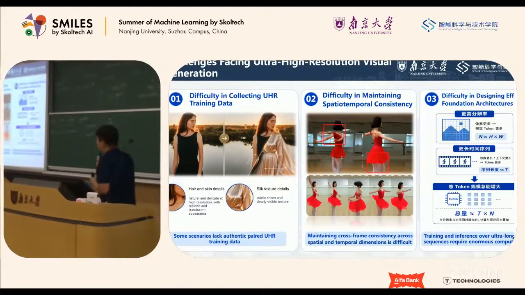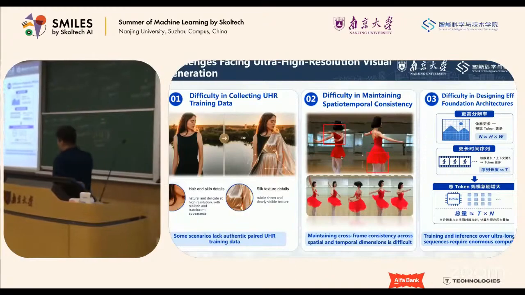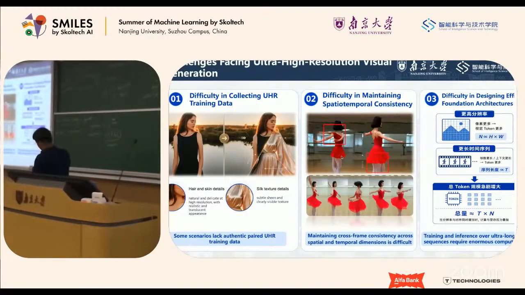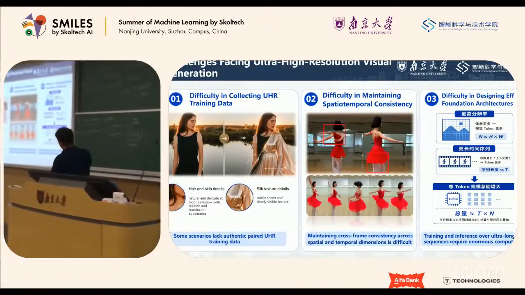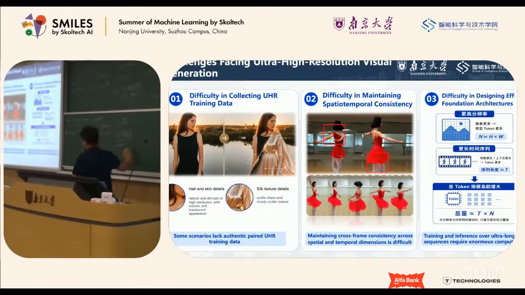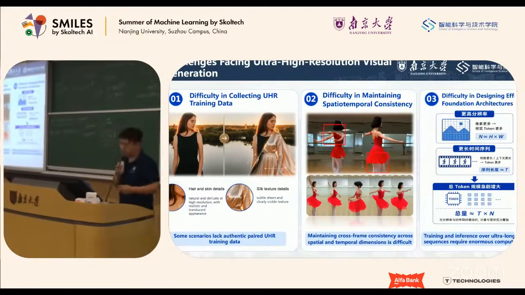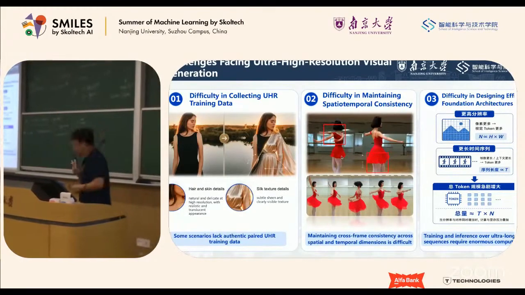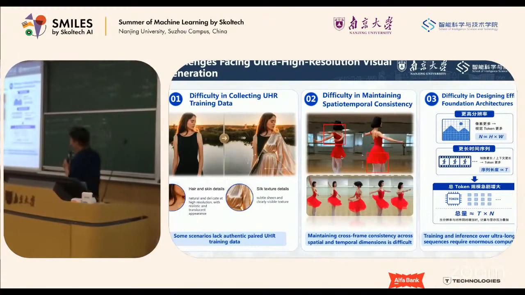The semantics of these frames should be consistent. But in this generated 4K video, the body is totally different across the different frames. That violates temporal consistency. So this is the second challenge: maintaining both spatial and temporal consistency may be very difficult.